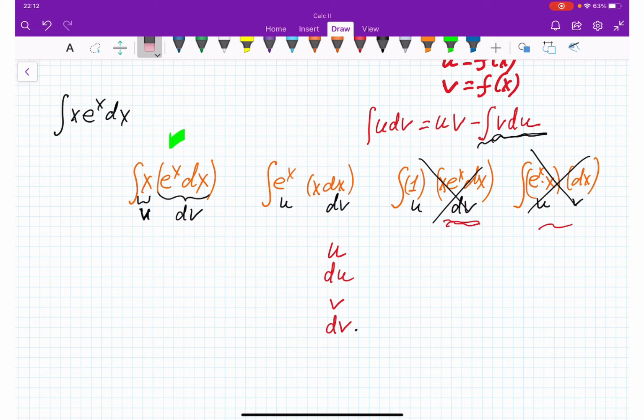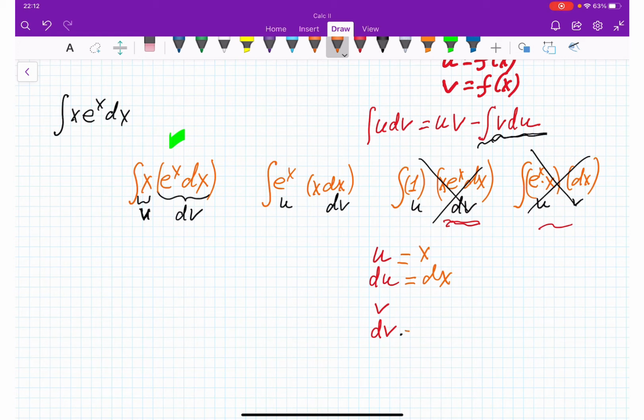For this first one, our u is going to be equal x, which means du is going to be dx. Yes? Okay?